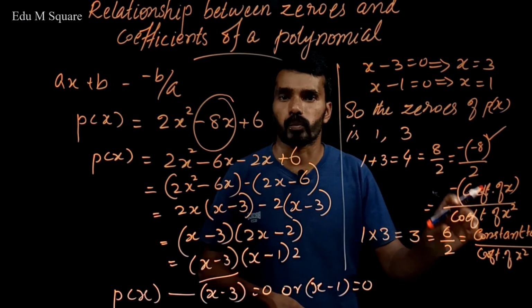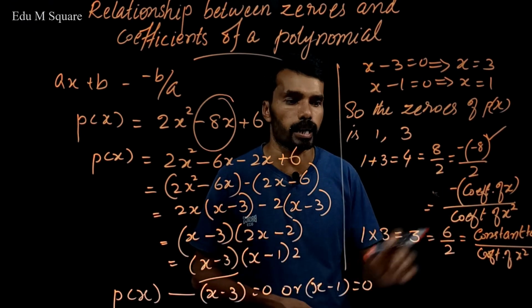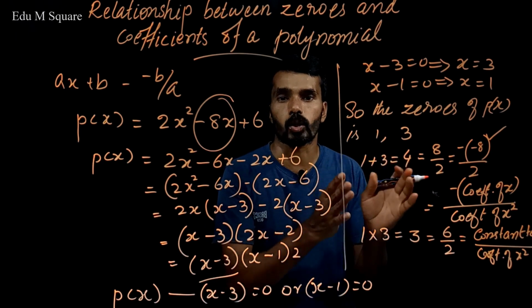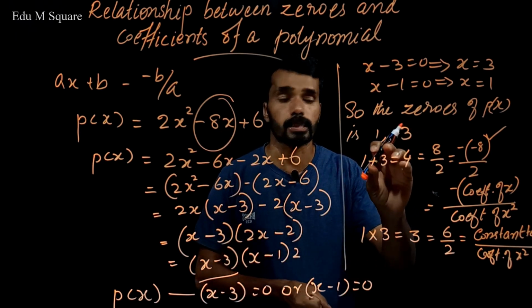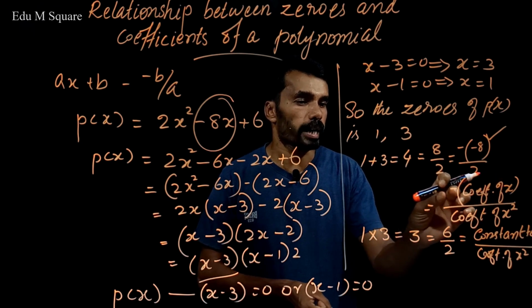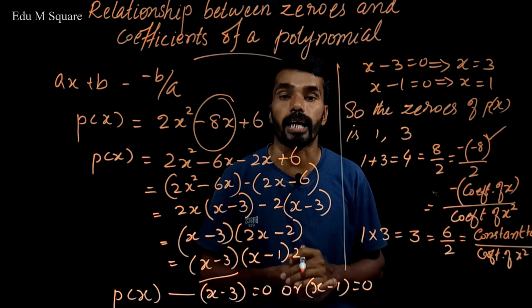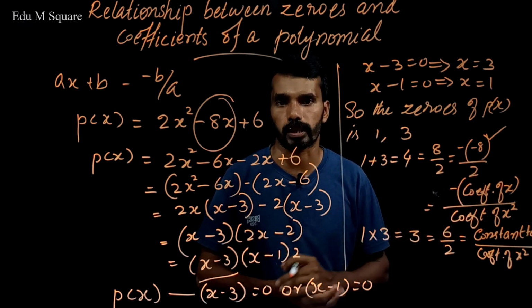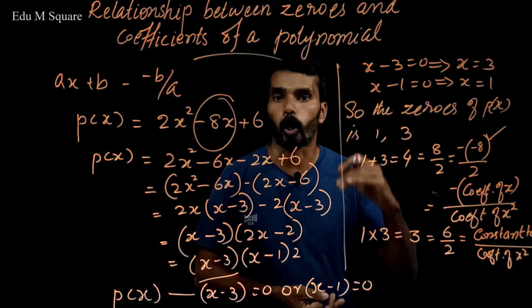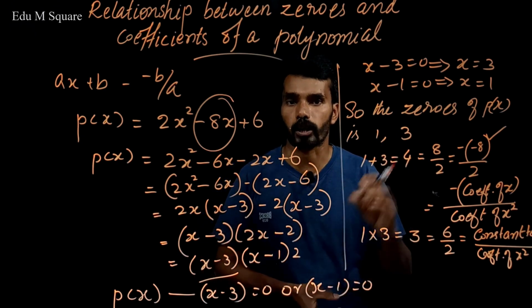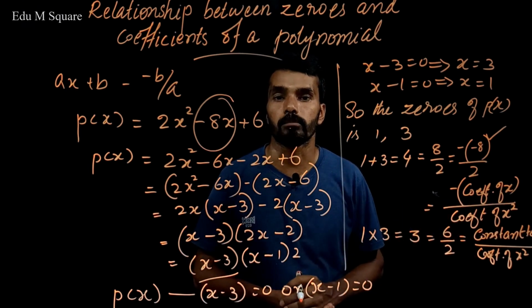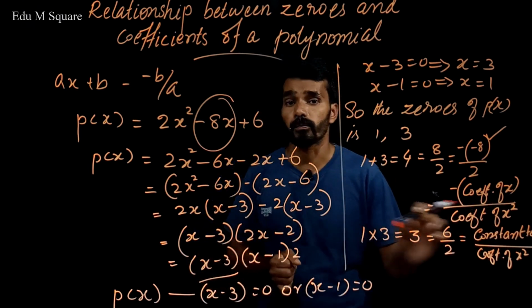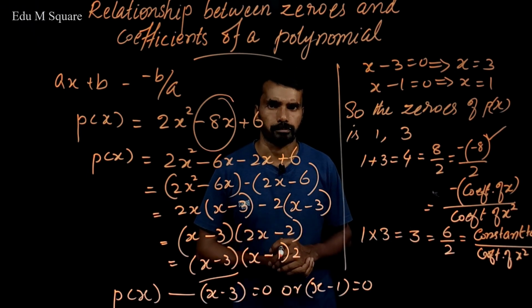So from this we get a relation: the sum of the zeros of a quadratic polynomial is minus of the coefficient of x divided by the coefficient of x square. The product of the zeros of a quadratic polynomial is the constant term divided by the coefficient of x square.